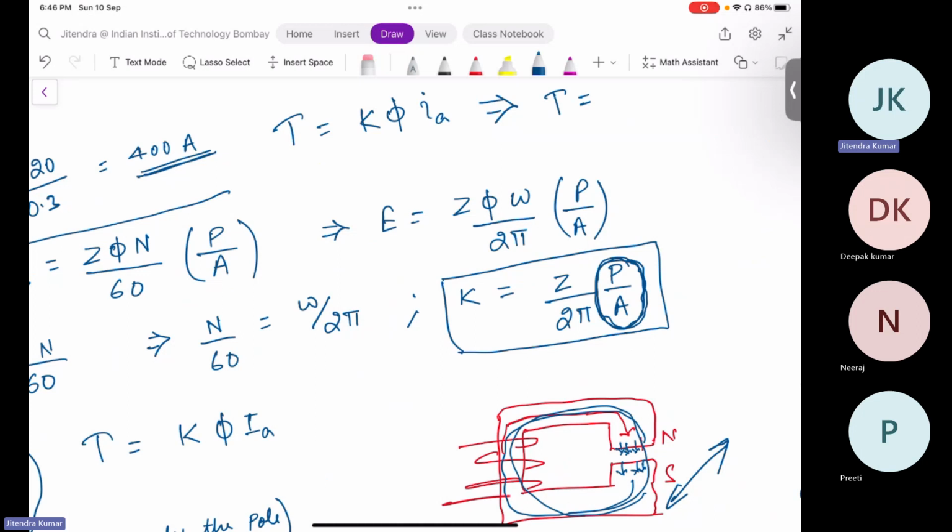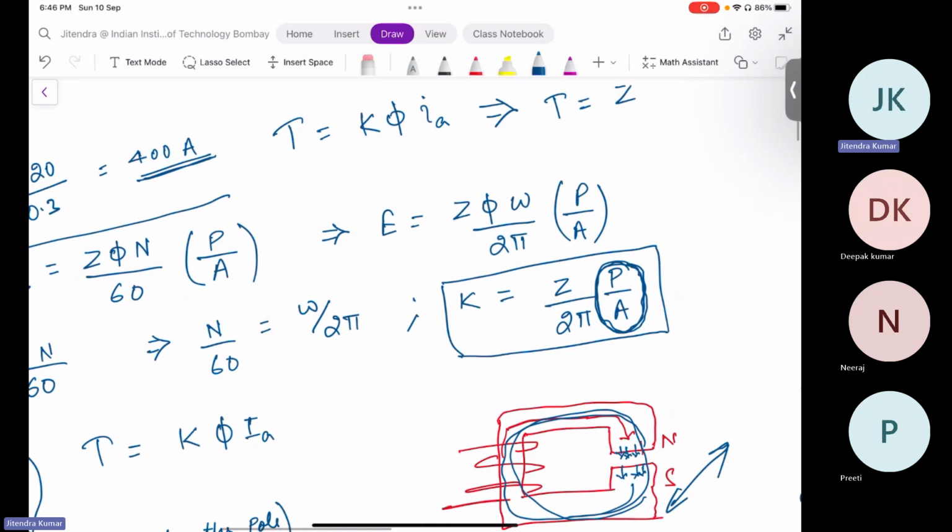Since p is 2 and a is also 2, we will ignore this term. So we can write z by 2 pi, into phi into ia.